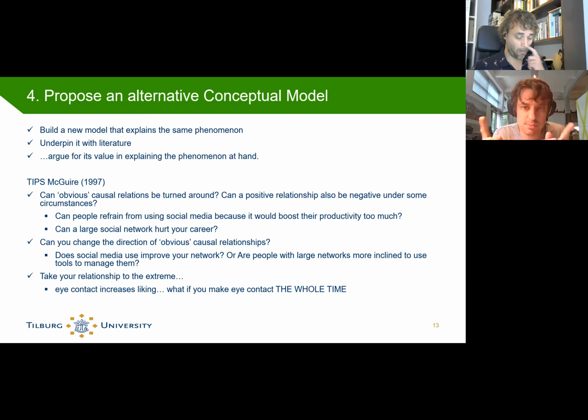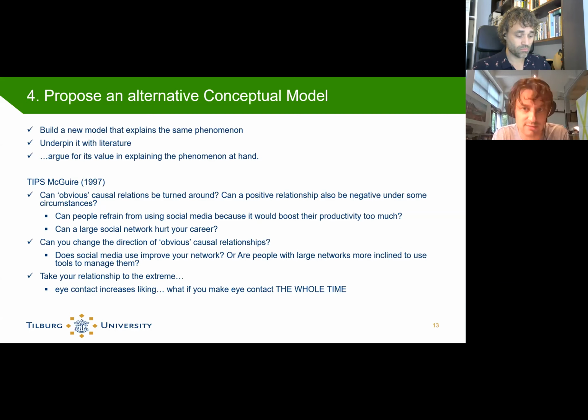One other simple trick of coming up with a new model is thinking whether or not you can change the direction of a causal relationship. Could an effect not be one of the motivators or one of the factors? For example, if you think that social media use can improve your network, you could also propose that it's actually people with a large social network that are going to use social media more because they have difficulties managing those networks.